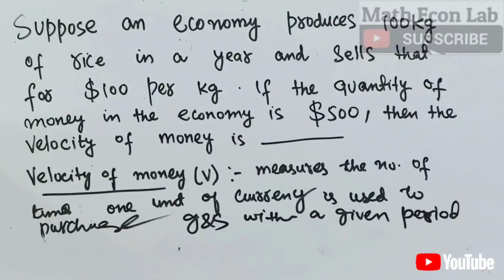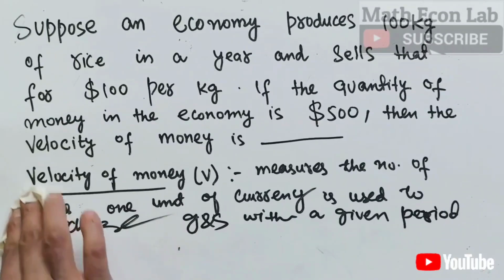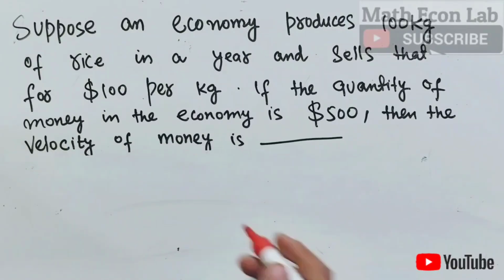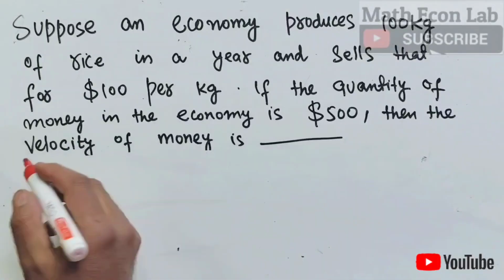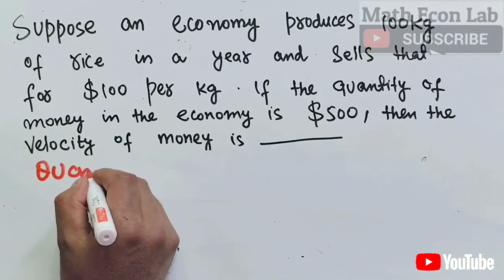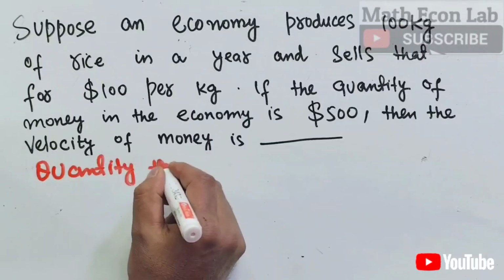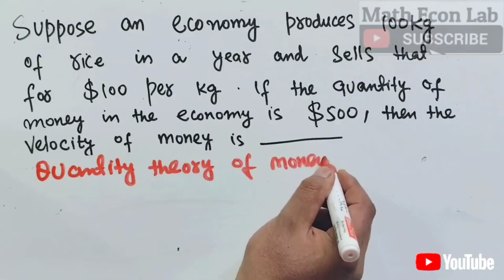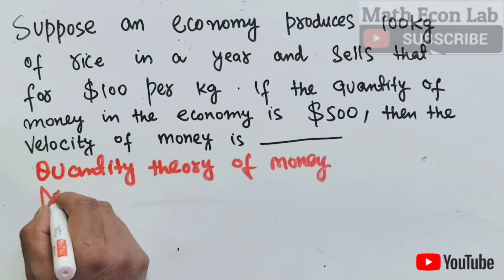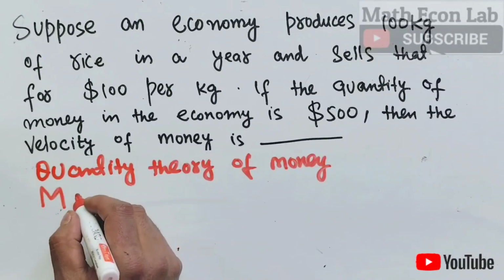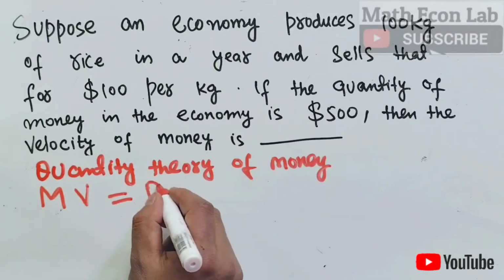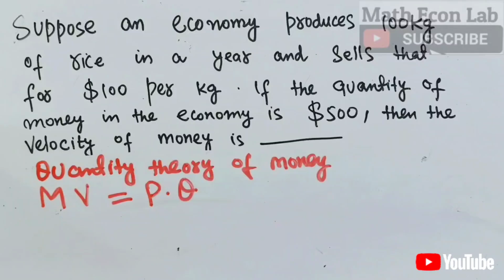Okay, so let me rub this out. To find out the velocity of money, we use the quantity theory of money to cut it short here. So according to the quantity theory of money, the relation is money supply times velocity of money is equal to price level times the GDP.